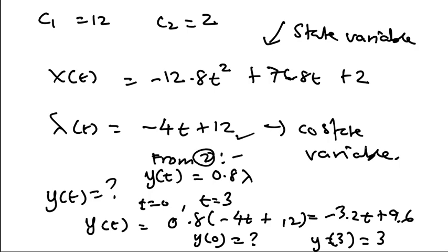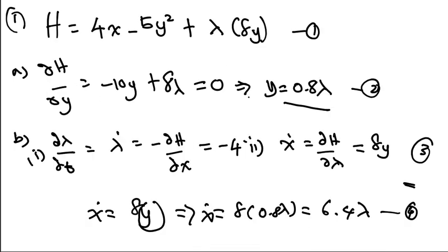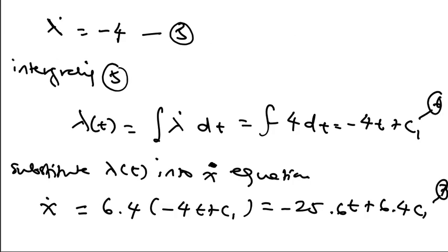So try this exercise. If you can see here, in this exercise I jump a lot of steps. I don't show you the calculus. When it comes to exercises, you need to show every single step, though I don't show it here. You must show it. As you can see, when I explain the steps, I didn't write substitute here and to this. I just wrote a few of them, like substitute lambda(t) into the x dot equation and whatnot.